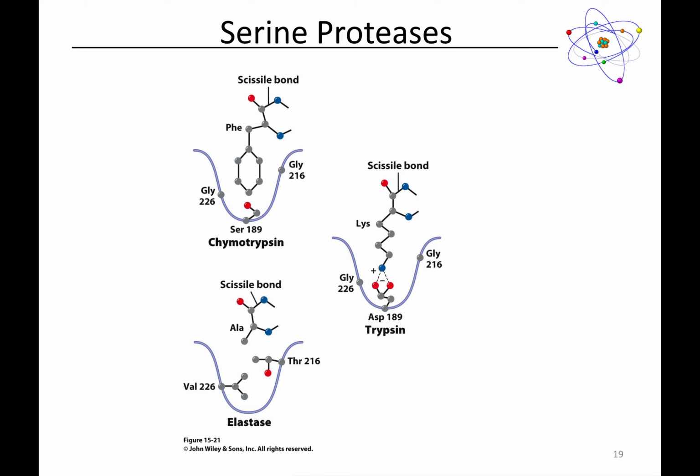For chymotrypsin, it's a big hydrophobic pocket that has London dispersion forces between these two glycine side chains and the hydrophobic amino acids. For elastase, it's a much smaller pocket, right? It's filled in with threonine and valine, so it'll only let smaller things sit there.